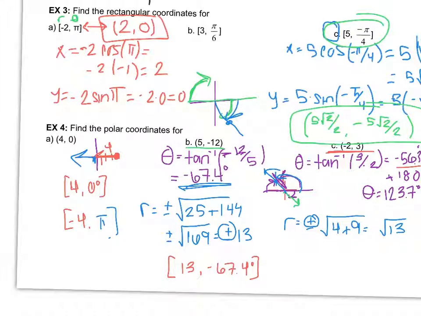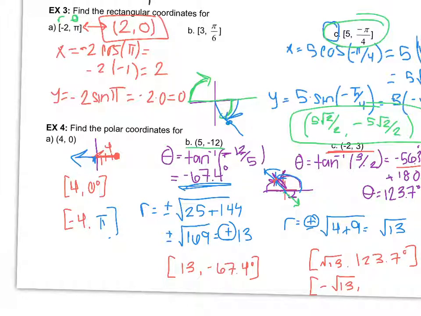So if we want to just represent exact value of r, we would keep it as the square root of 13. So this coordinate, negative 2, 3, we can represent using polar coordinates of the square root of 13, comma, 123.7 degrees.